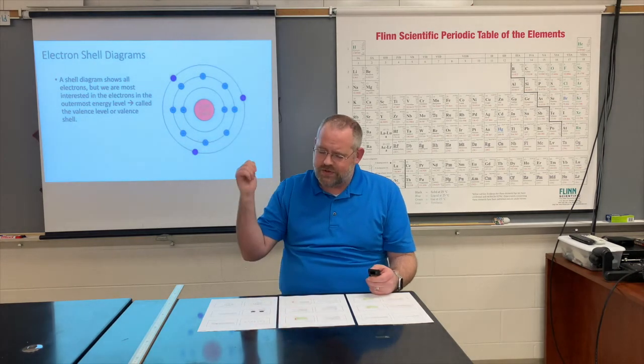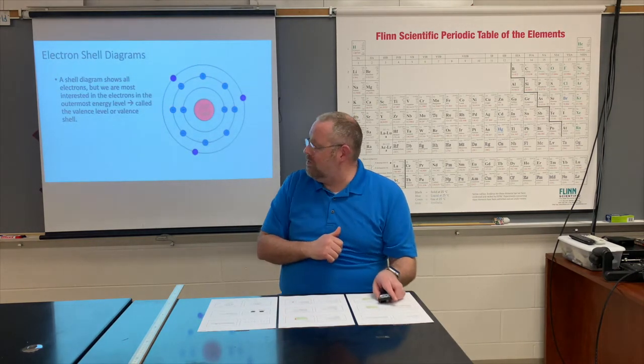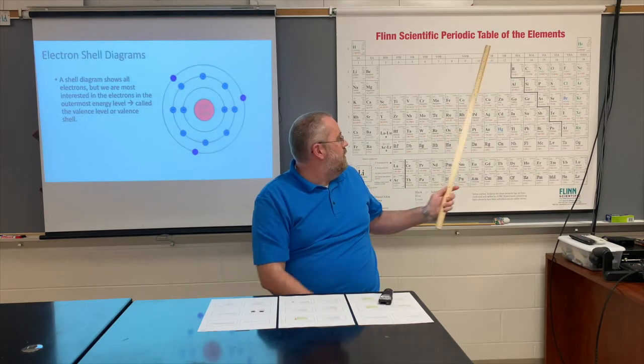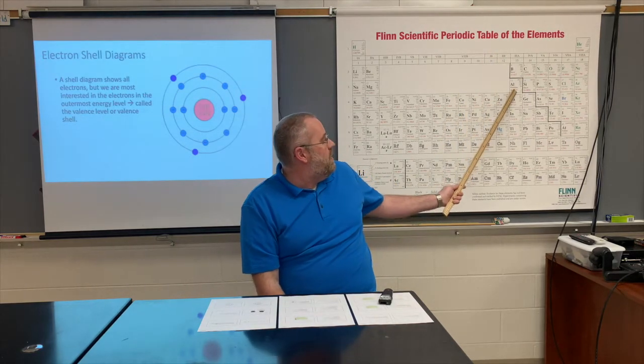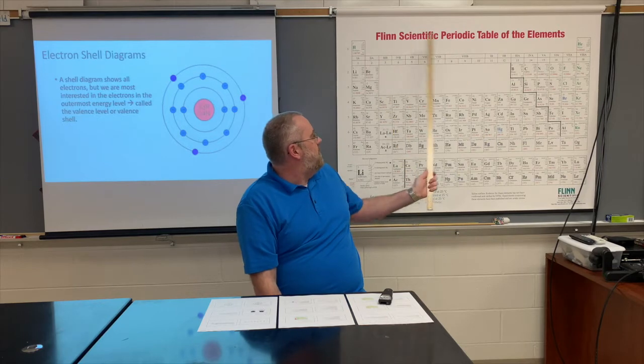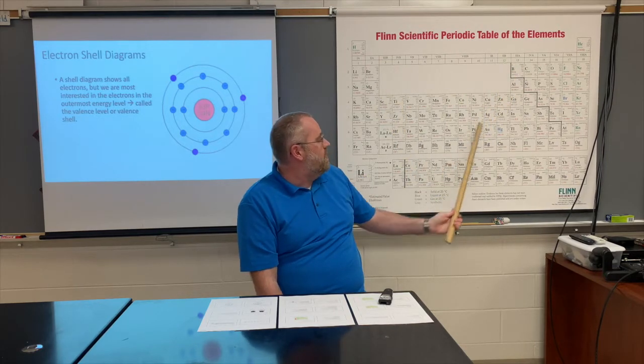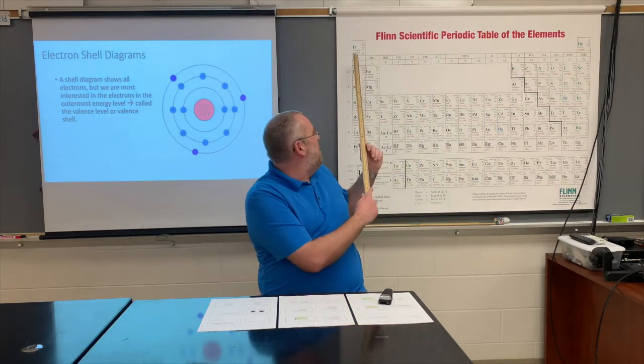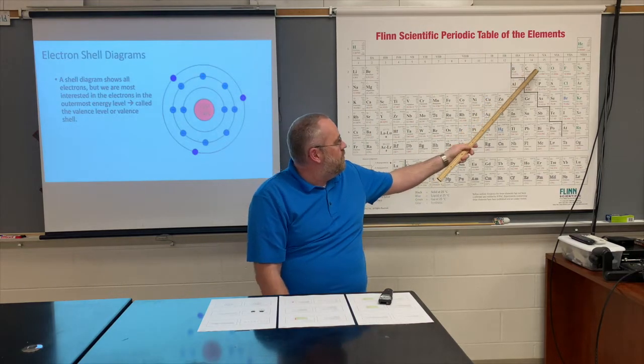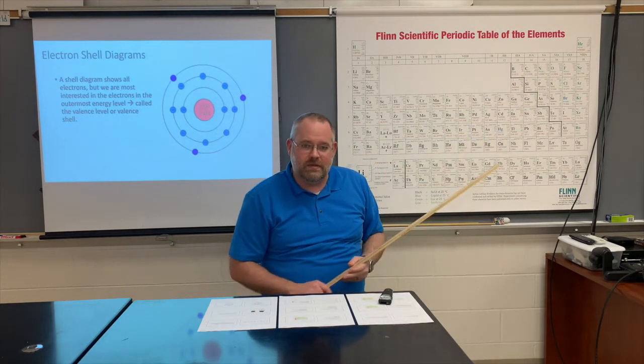So for example, let's look here at number 13, aluminum, okay? So we have these major columns. Let's not worry about the transition elements at the moment. We have column 1, 2, 13, 14, 15, 16, 17, and 18, okay?